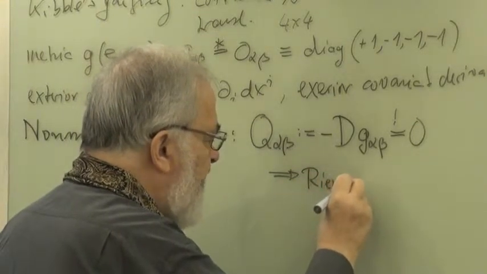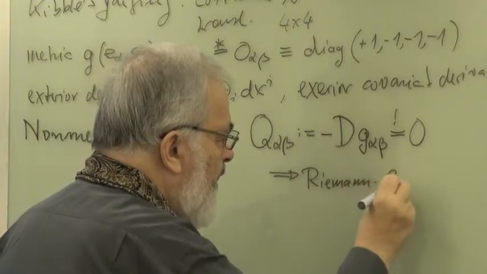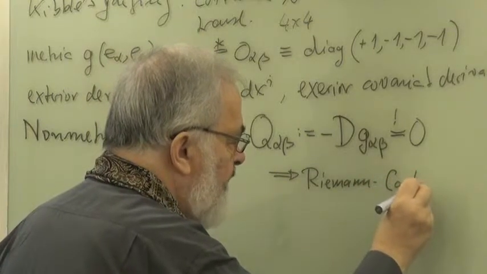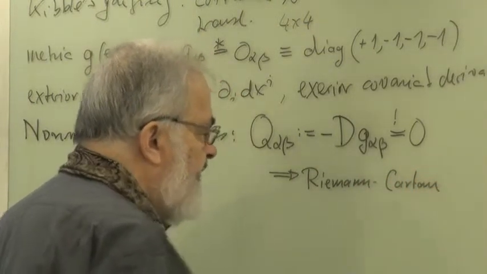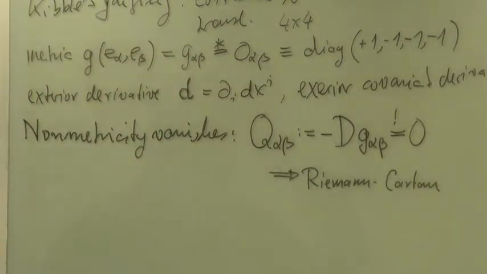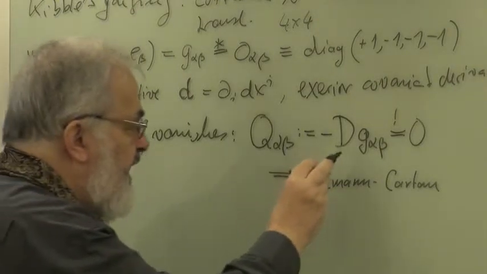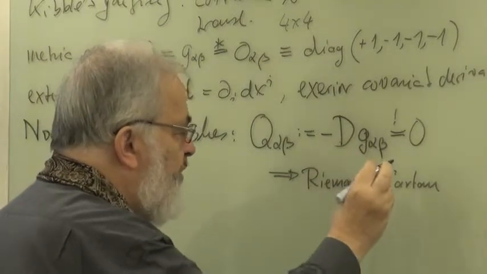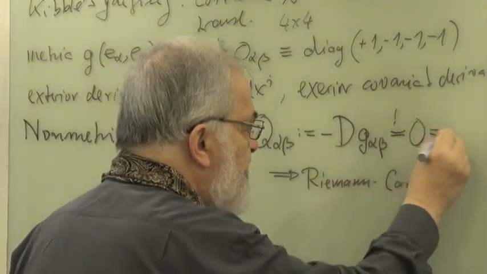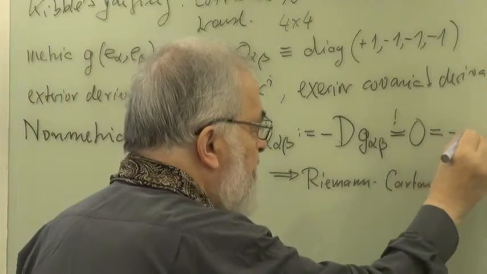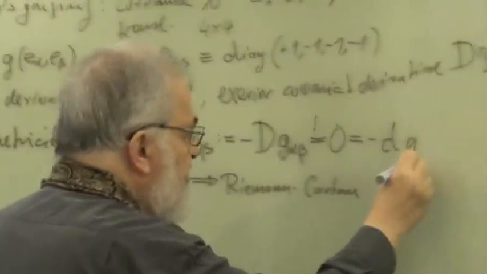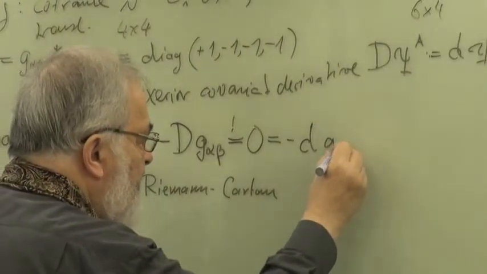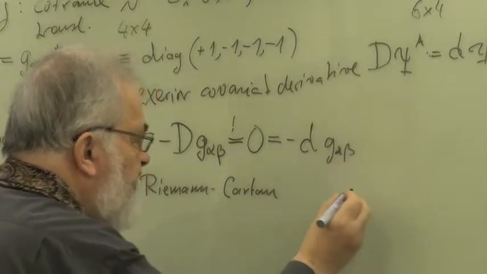A Riemann-Cartan space has a metric and a connection, but the metric is compatible with the connection. That is to say, the covariant exterior derivative. Now we have learned what the covariant exterior derivative is: minus the exterior derivative of g alpha beta, and now you have to differentiate both indices.